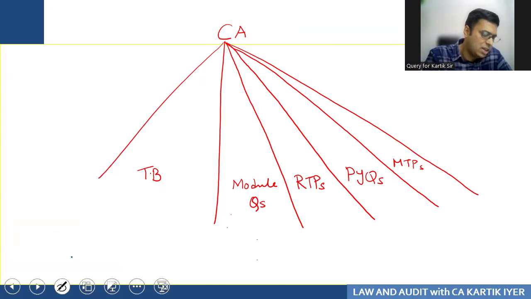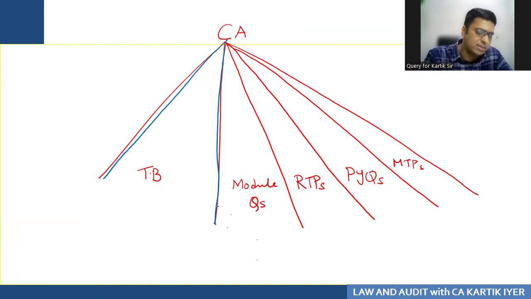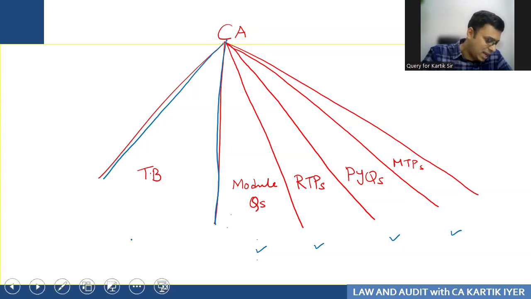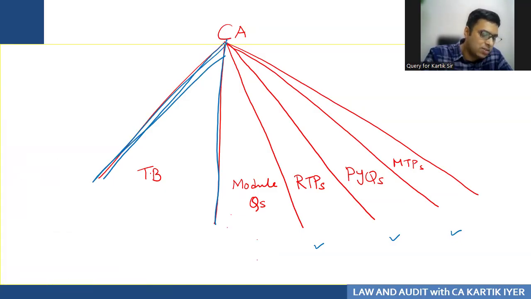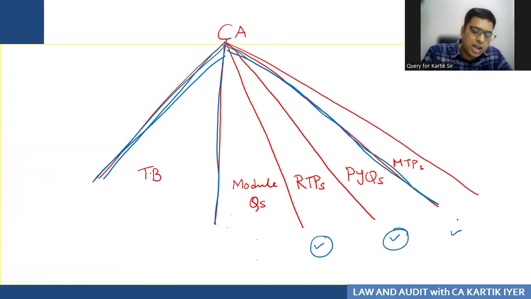Just imagine, my dear students, you have done this textbook area, but in the exam a question came from it. Now it is very much possible that you have not seen that twist, that crookedness of CA questions. If you have not seen it, you are seeing it for the first time in the exam. So tell me, in that situation will you be in a good mood or a bad mood in the exam? You will be in a bad mood. Arre yaar, where did this come from? But suppose a student has covered this and has covered PYQ, but didn't get time to see the mock test paper. Now if a question comes regarding this, he knows how to tackle it. If a mock test paper question comes, it will go a little out of the way, and he may find it difficult. So the only reason for me telling you all to do the RTP, PYQ, mock test paper is not to put you under burden, but so that you can face more variety.